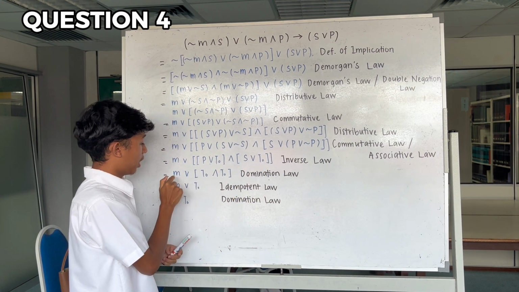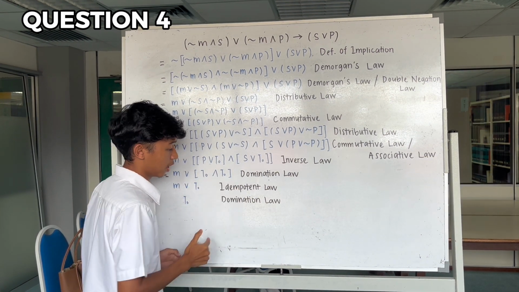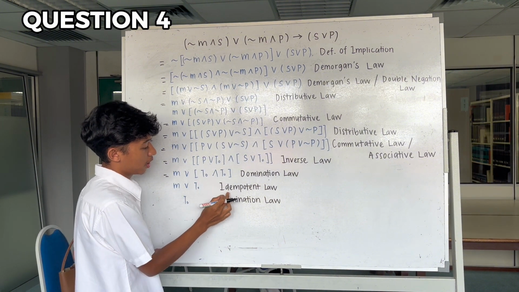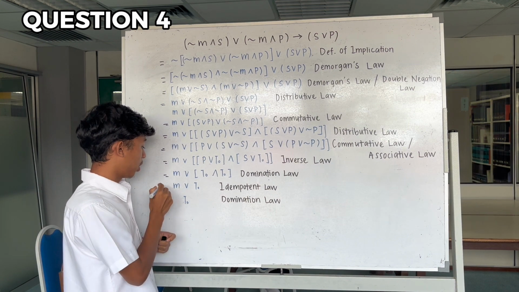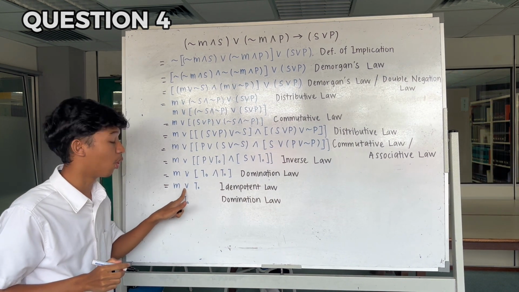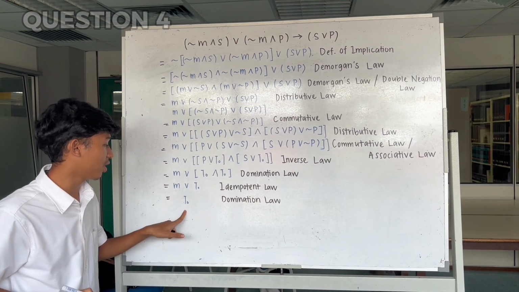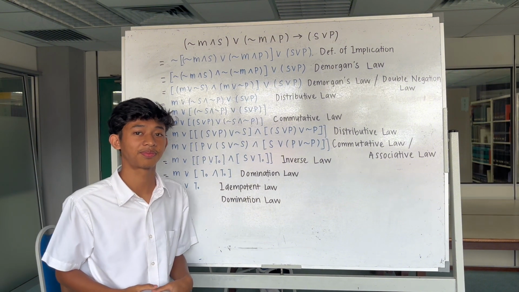So we get M or tautology and tautology. So we see this, we can use the idempotent law, and we get M or tautology. And the answer is tautology when we use the domination law. And this is the last answer.